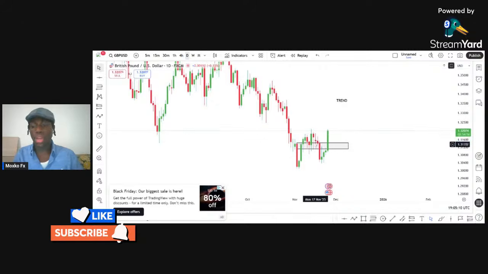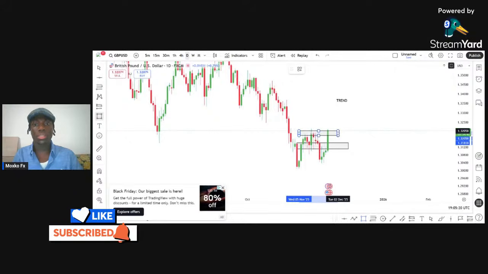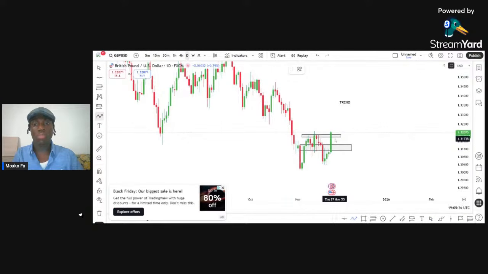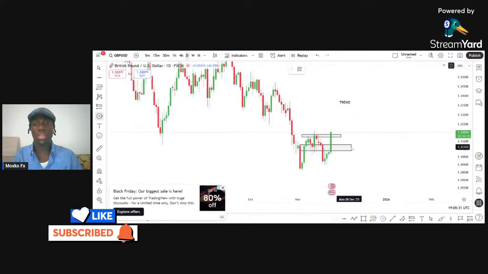So our bias for GU now is, we are expecting price to retrace back to this key zone. Remember, this was the zone that was taken out by the buyers.